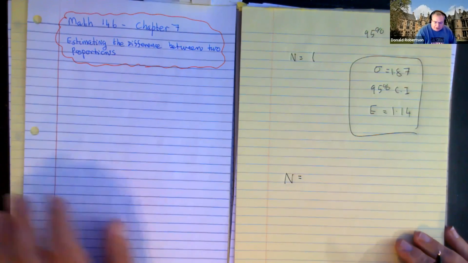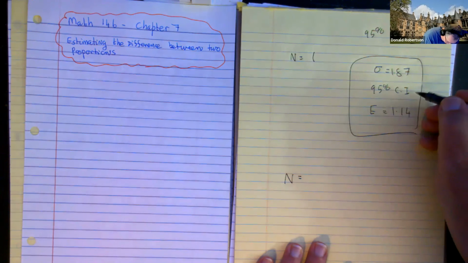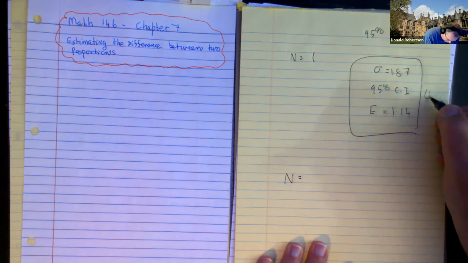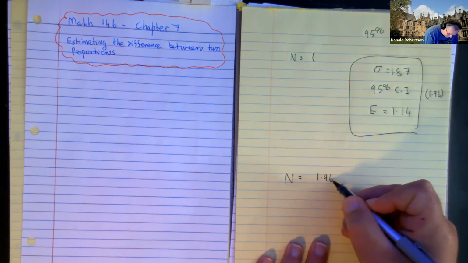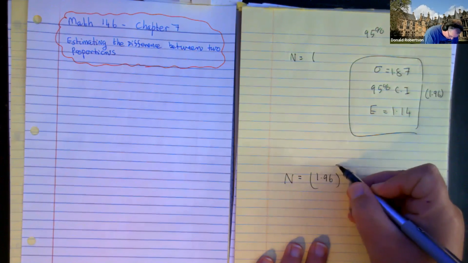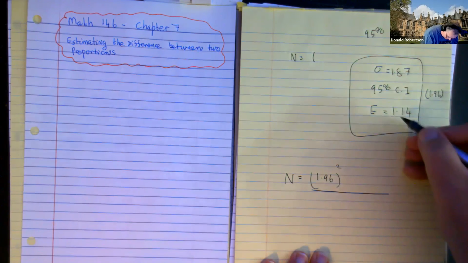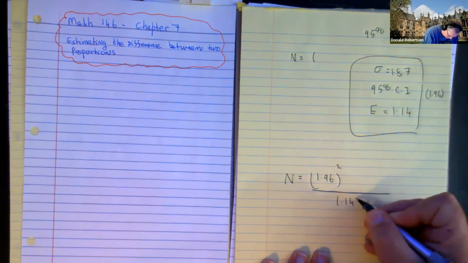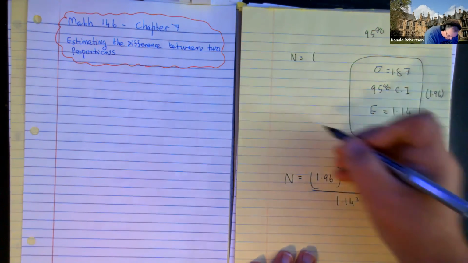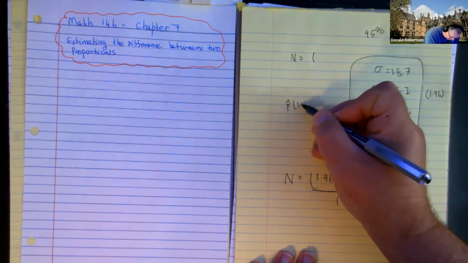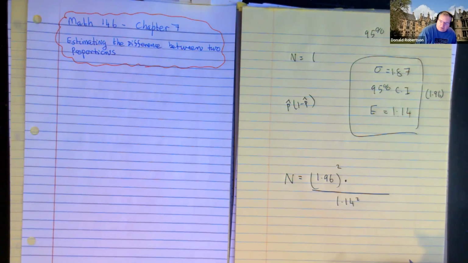The formula for calculating the number is altered a little bit. Since it's a 95% confidence interval, the number we're going to use is 1.96. So it's going to be 1.96 squared, divided by this fella, squared, and then times... The one we showed you today was for a proportion.